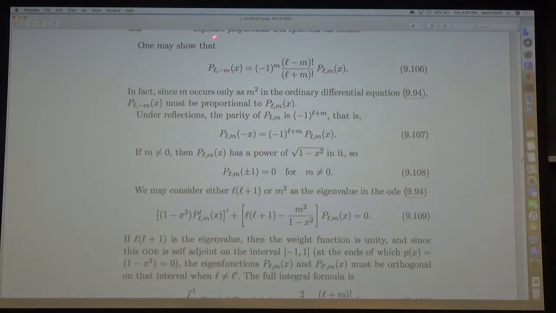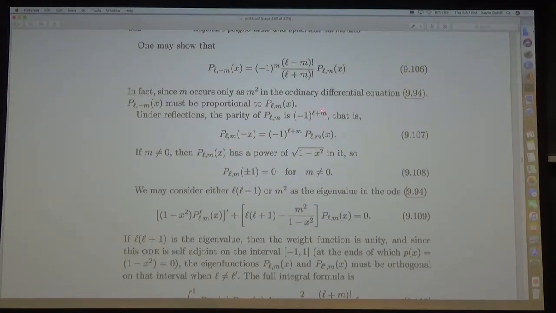You can also show that P_L^(-m) is given by P_L^m times this overall factor. And since m occurs only as m squared in the original differential equation for the associated Legendre function, it follows that P_L^(-m) has to be proportional to P_L^m. So that's why these things are proportional to each other.